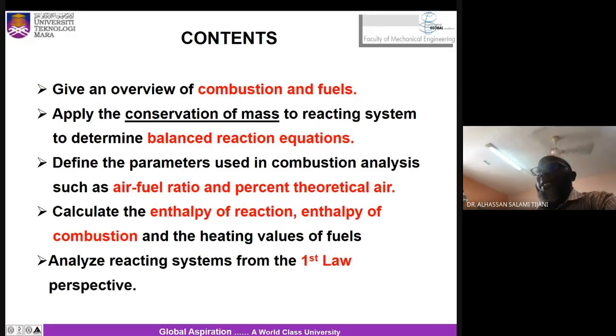We will look at the calculation of various parameters such as air-fuel ratio, percentage theoretical air, and then we will determine also the enthalpy of reaction. Then we'll be looking at the first law of thermodynamics, its application to combustion.